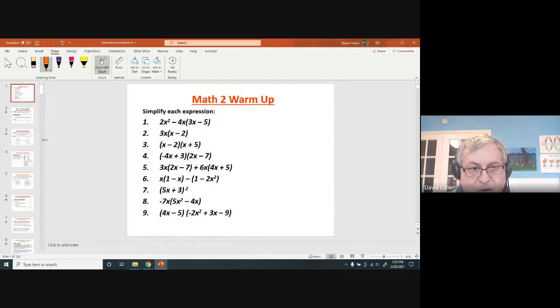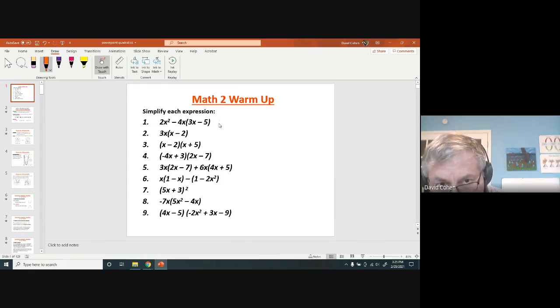So if we are looking at simplifying this first expression, we need to distribute. The 2x squared is going to stay by itself. The negative 4x is distributed to 3x.